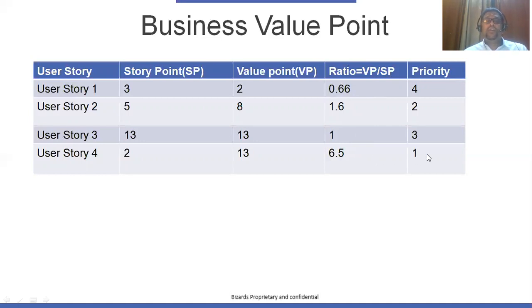In this case, user story 4 is the first priority, followed by user story 2, then user story 3, and finally user story 1. That's essentially the prioritization using business value points.